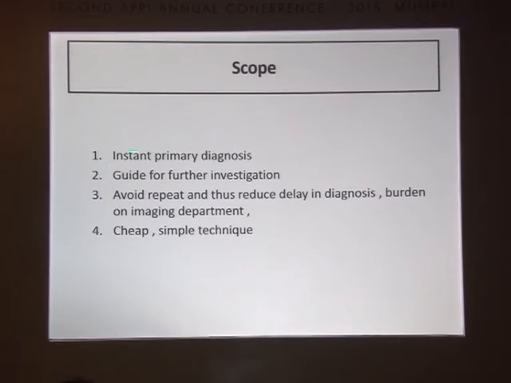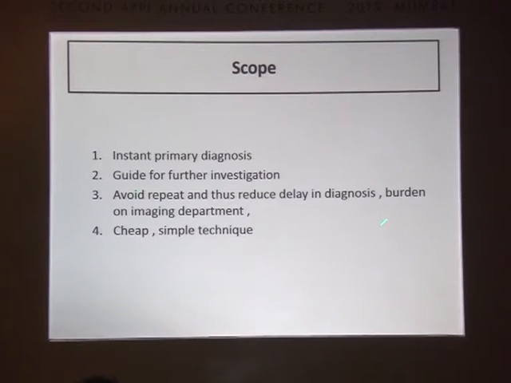It definitely avoids repeat biopsy by getting a representative material. And what does it translate into? If your biopsy is non-representative, that means it has to be repeated, and then again an appointment has to be taken for CT guided, because it is again an imaging guided procedure. So today you say negative, tomorrow it is not repeated. So that is the delay, then again it has to be processed for biopsy.